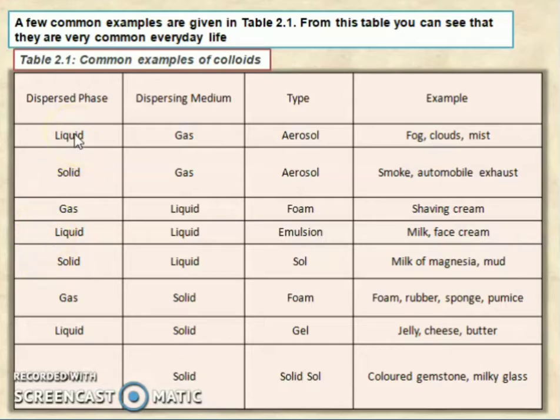First, the dispersed phase is liquid and the dispersing medium is gas. The type is an aerosol, and examples are fog, cloud and mist. When the dispersed phase is solid and the medium is gas, then also we get an aerosol. Examples are smoke and automobile exhaust.